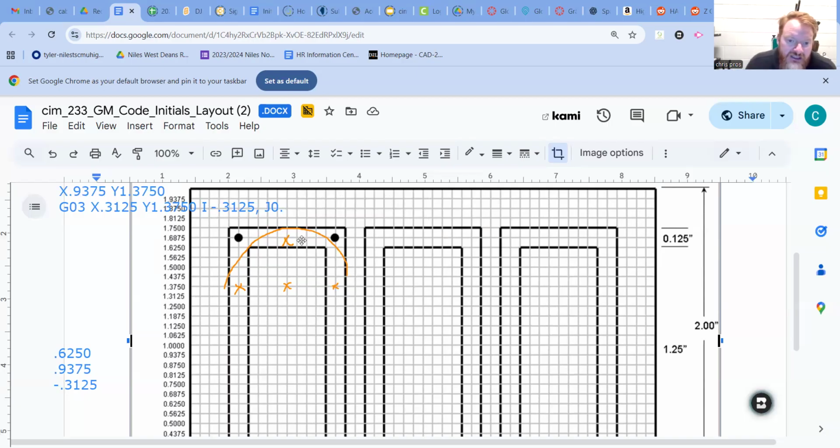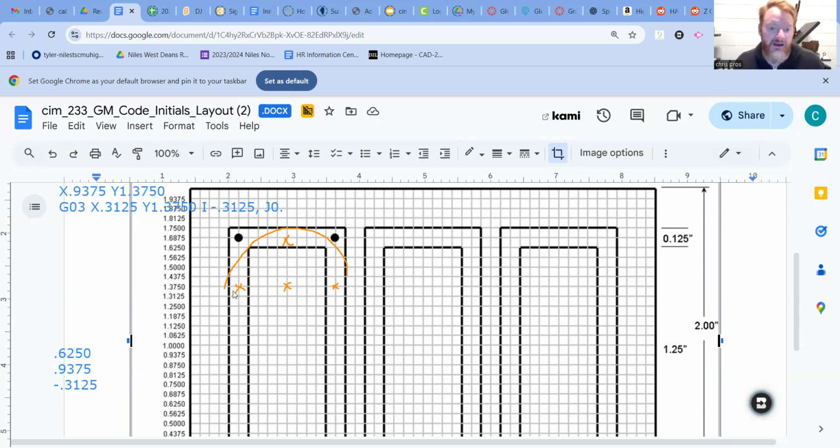I go counterclockwise, that's G03, to this location, X 0.3125, Y 1.375. And I'm arcing it based off this center point. So it's basically spinning around this line, right? If I put a stick here, it would go right around this. And this location is minus 0.3125 off the X, and it didn't do anything on the Y. So I'm minus 0.3125 off my origin point and not going up or down on the Y.